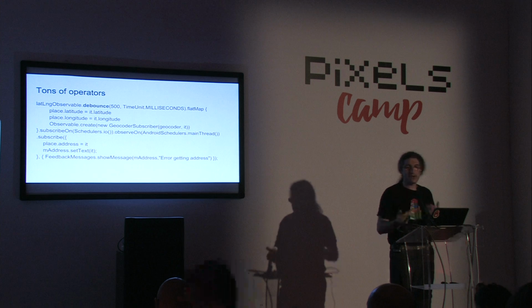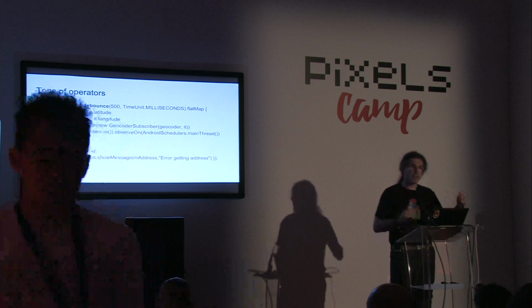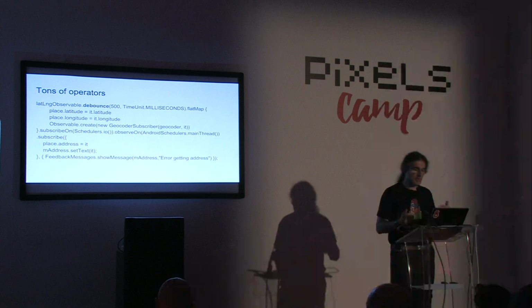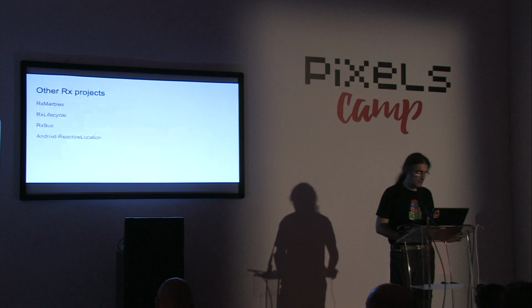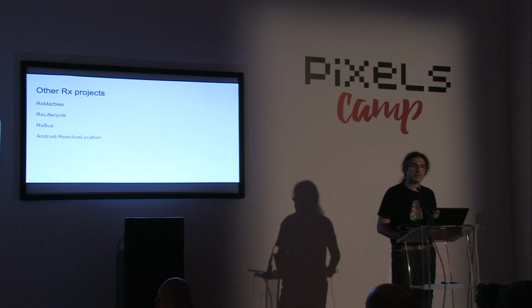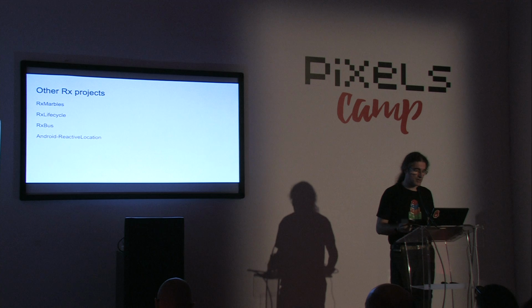And if you're dealing a lot with this subscribe and unsubscribe lifecycle and fragments and that kind of stuff, you should check RxLifecycle. That makes it easy, and you don't have to worry about when to subscribe and unsubscribe things.